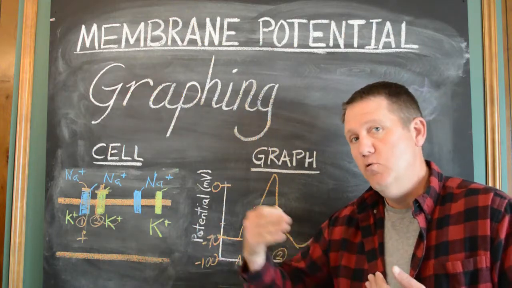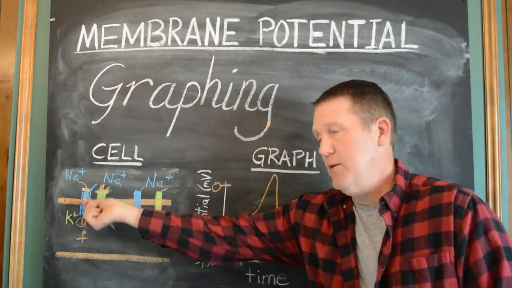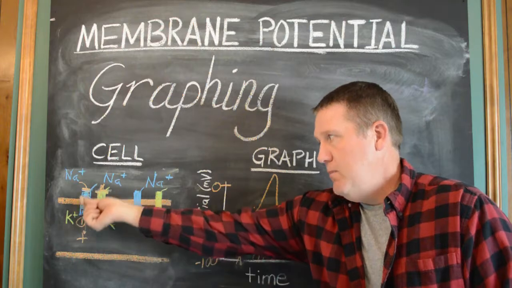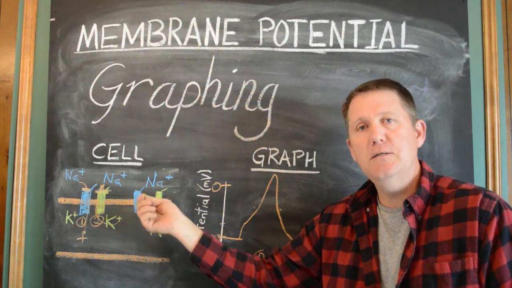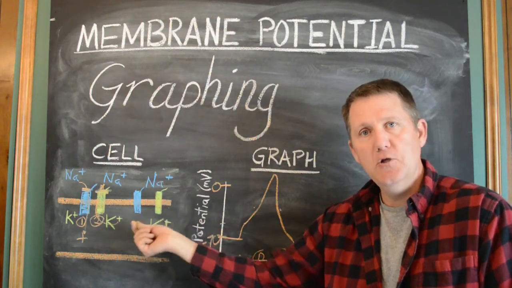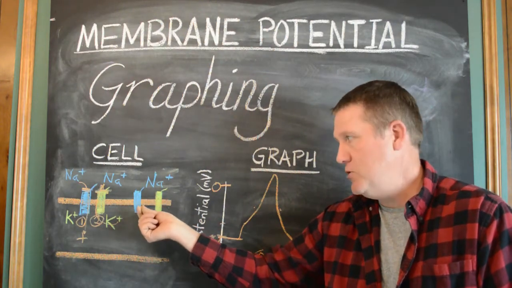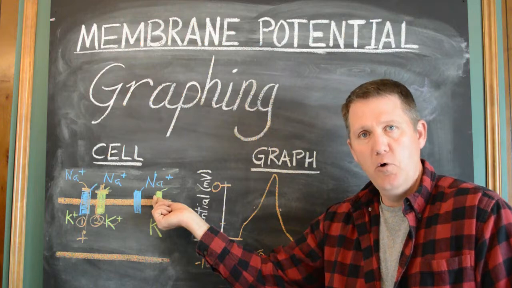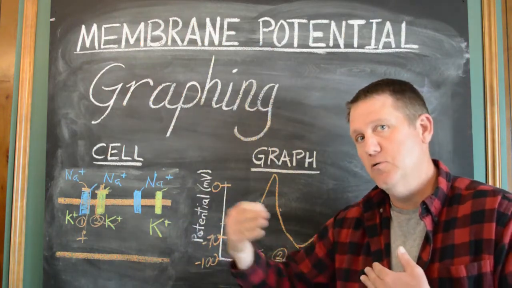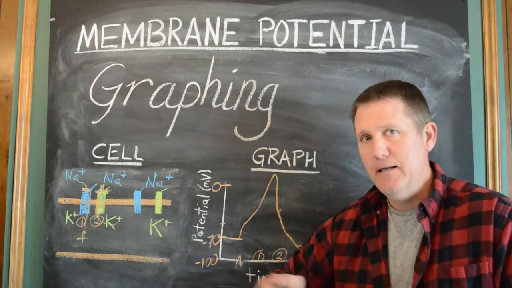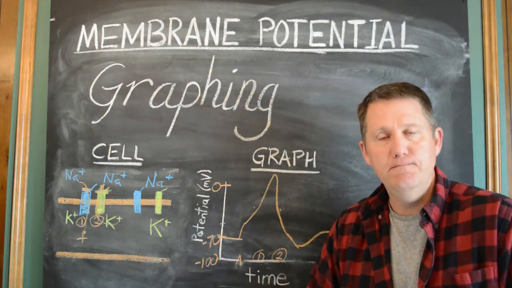Now, to move this down the line, we only did something here. These membrane potential changes would trigger the next channels to open, and the next ones, and the next ones. And that's how the action potential spreads down the neuron at a couple hundred miles an hour.